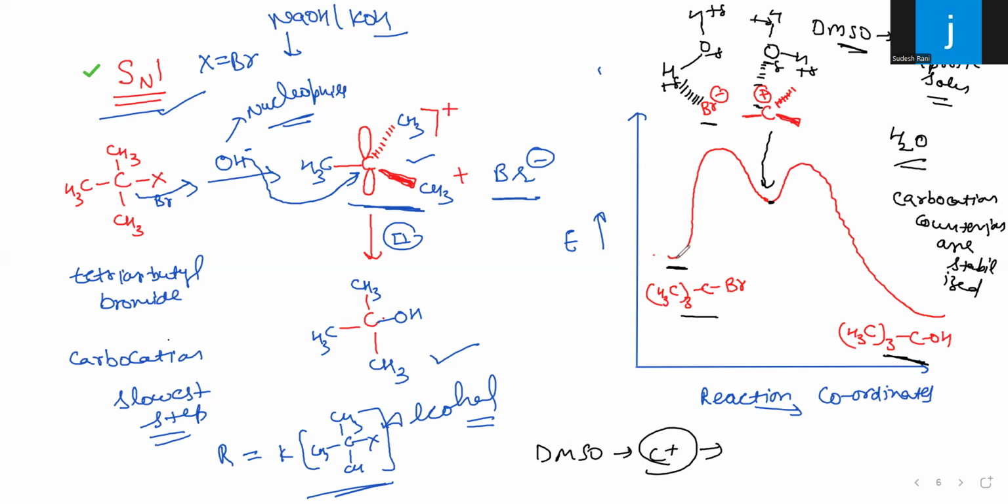So this is the energy profile diagram in case of DMSO. But when I am using a polar solvent, what happens? The energy of this intermediate decreases. It lowers the energy of the intermediate to this extent.